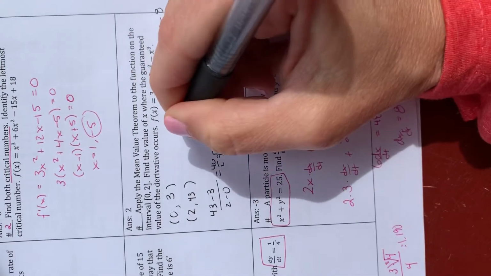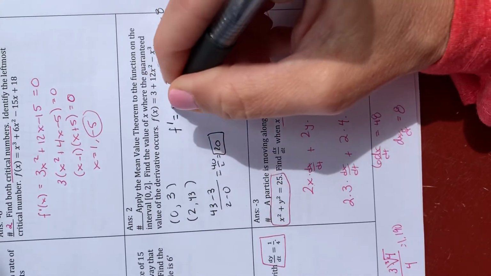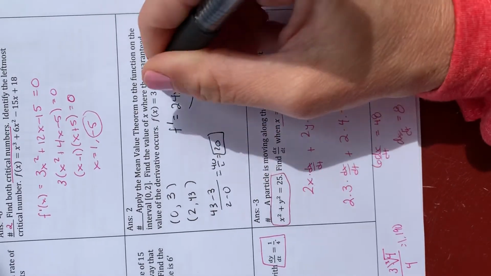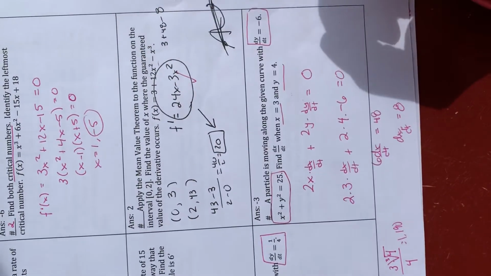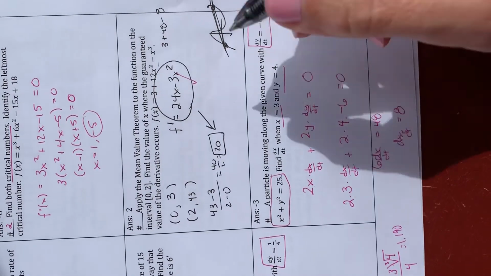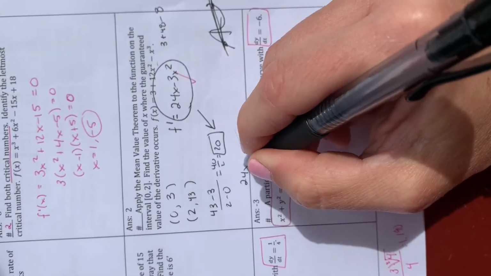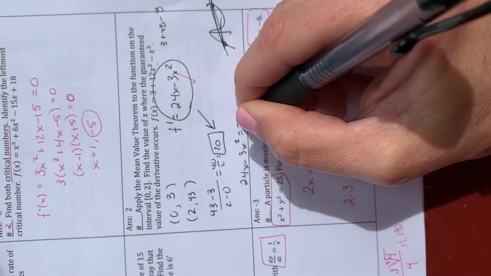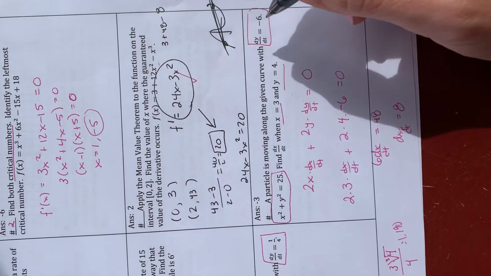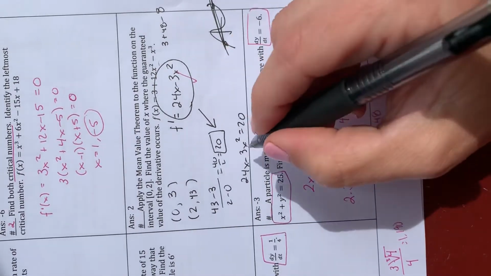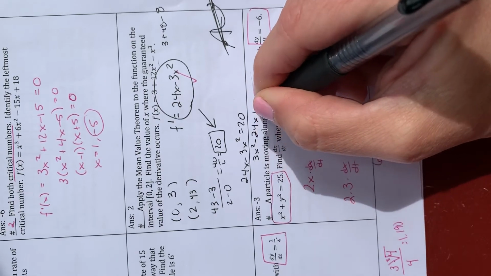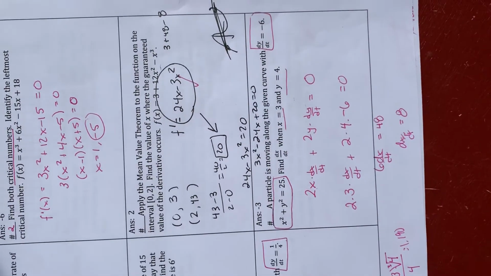Now find the derivative of the function. So 24x minus 3x squared. Set the derivative equal to that slope and solve for x. That's what they want you to do for mean value theorem. So take 24x minus 3x squared and set it equal to 20 and solve that. So I would bring everything to one side. 3x squared minus 24x plus 20 equals 0. And solve for x.